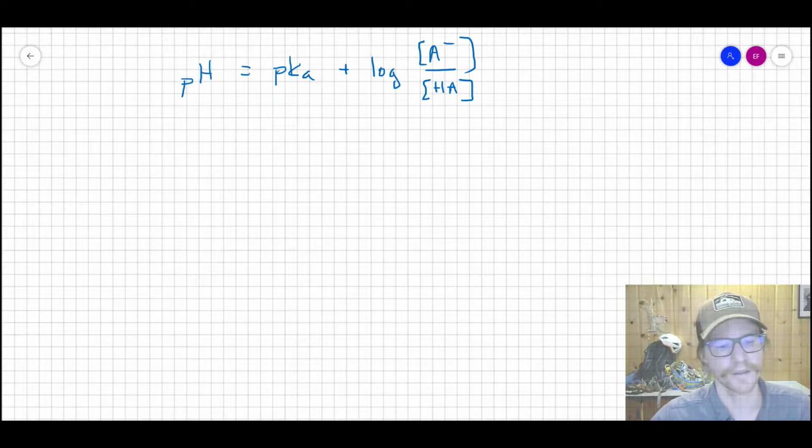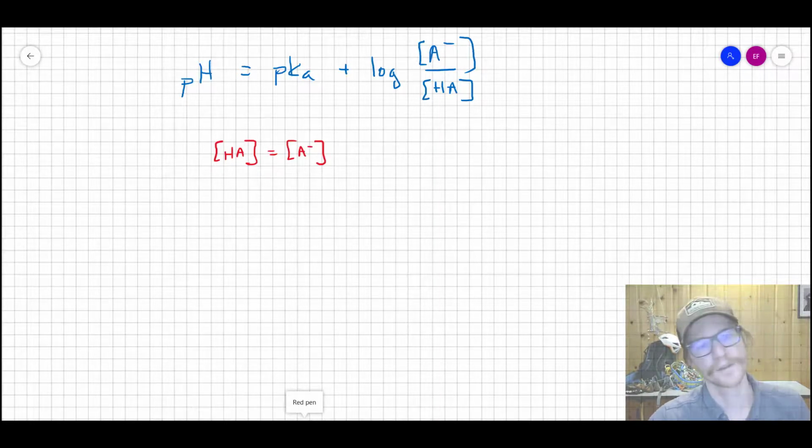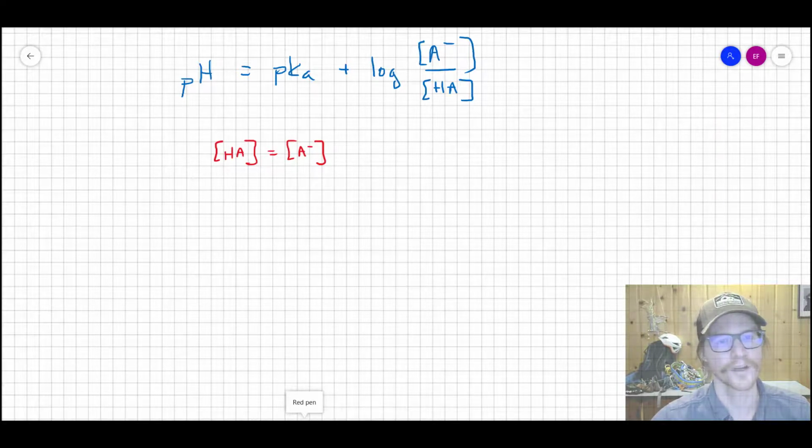All right, so the first thought experiment here is what happens when HA, which is the weak acid, is equal to A minus in the solution. What happens to our expression? Well, if those two things are equal, then this becomes log of 1, which is 0, and so we end up having pKa plus 0, which means that the pH is equal to the pKa.